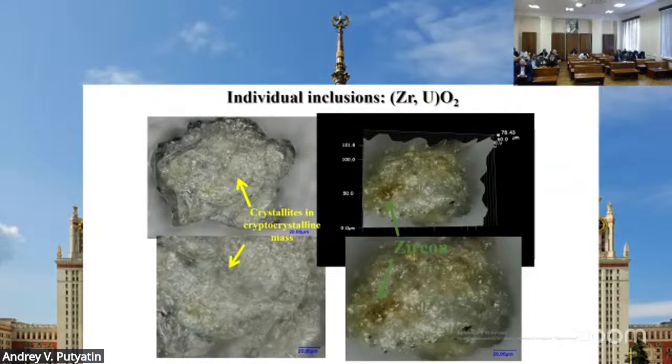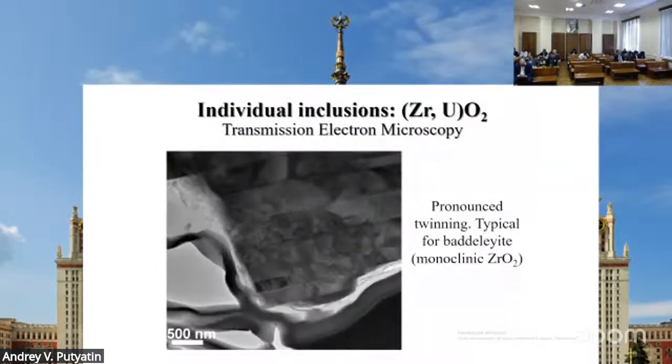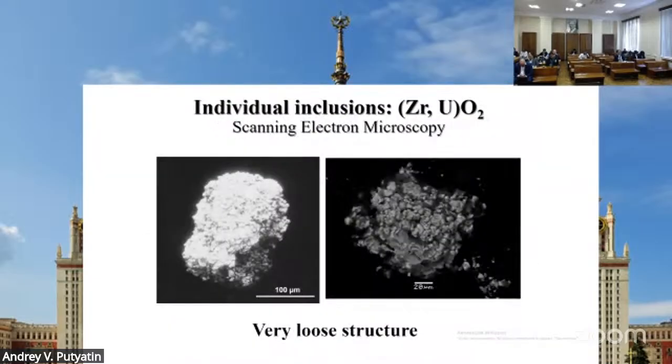You have these zirconia-based phases, which are partly crystalline. But what is important is that zirconia at room temperature is usually monoclinic. At high temperatures, especially during the accident, it was tetragonal or even cubic, indicating very high temperatures.